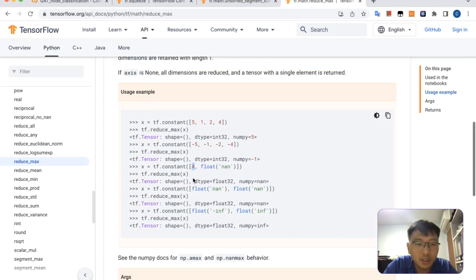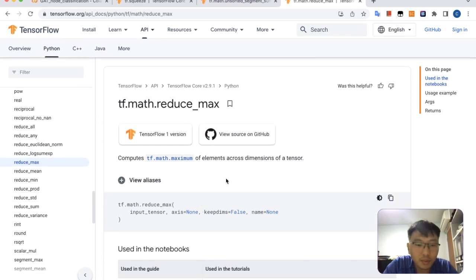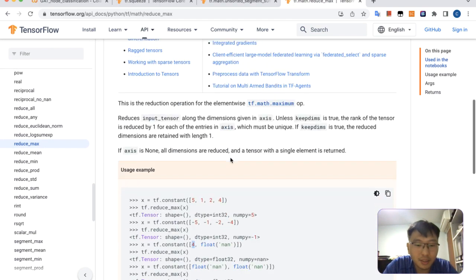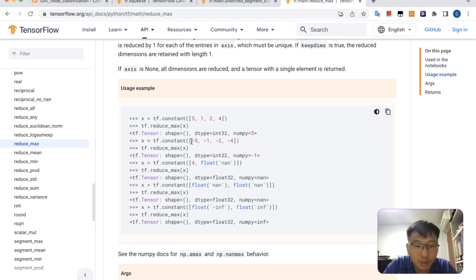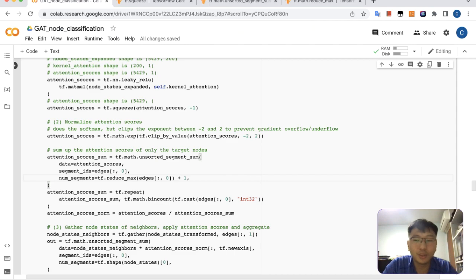Okay, this counts, no, it calculates the maximum elements across dimensions. So if like you do this, you are supposed to get -1 because it's a maximum. Here is a nan. Okay, so it just returns the maximum. It's just a fancy way of saying maximum using TensorFlow.